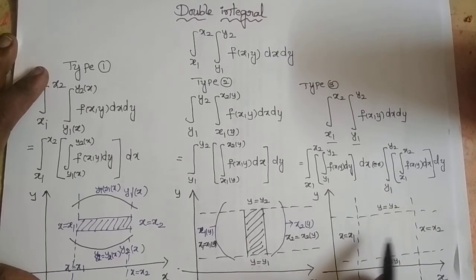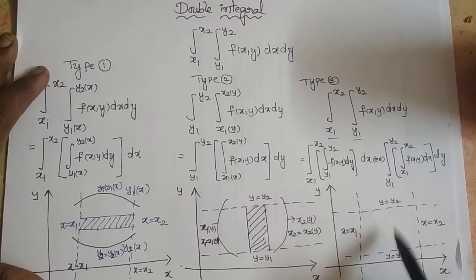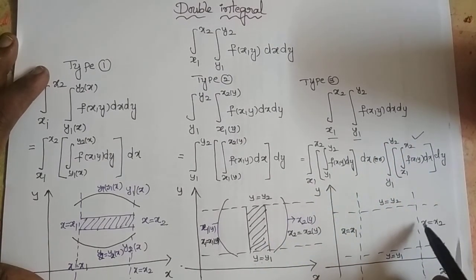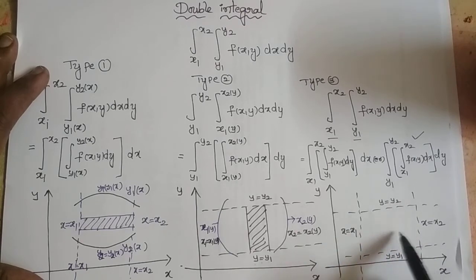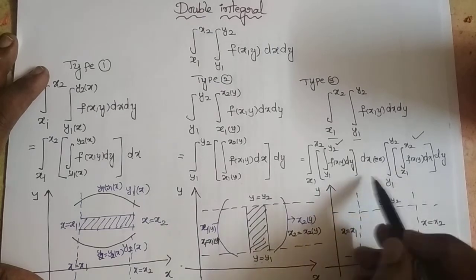In this case we can take either x's as boundaries, following the first formula, or y's as boundaries, following the second formula, either first sub case or second sub case.